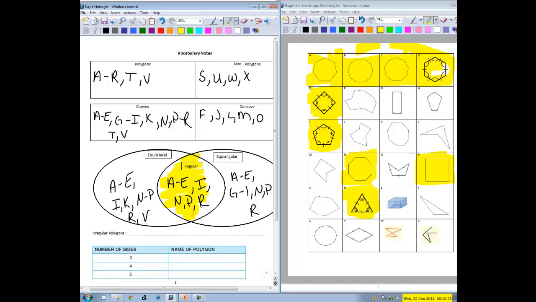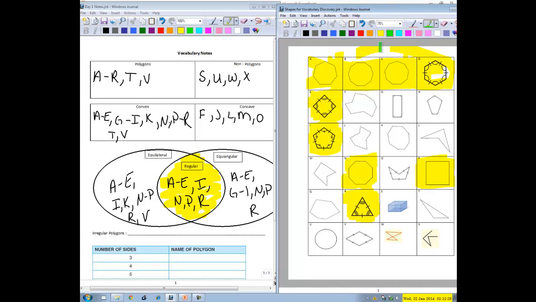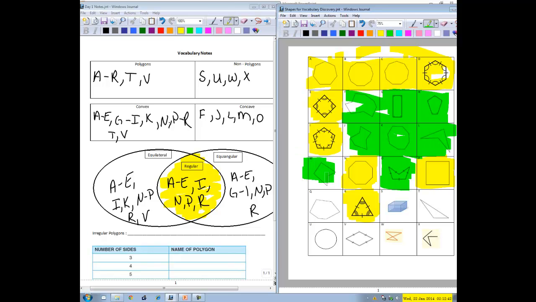Everything else that is not part of a regular polygon is an irregular polygon. So if I make them green, all of these are irregular polygons, as long as they are actually polygons. So the ones that I said are not polygons, they are not irregular, because they are not polygons. So those are all of the irregular polygons.